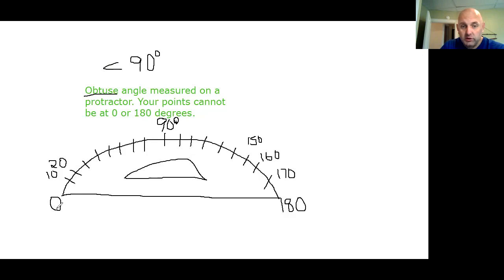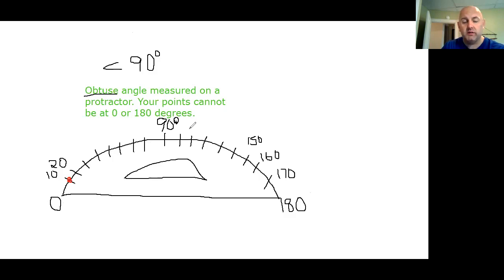Remember, I can't choose 0, I can't choose 180. So if I start at 10, I can't choose 20, 30, 40, 50, 60, 70, 80, 90, or even 100 for my next point, because my angle will be smaller than 90 degrees.